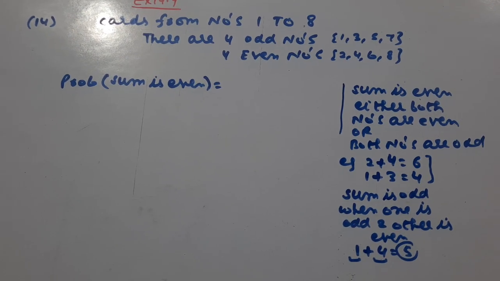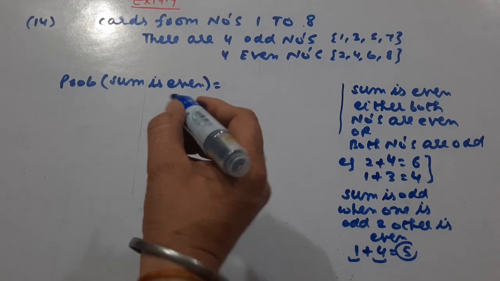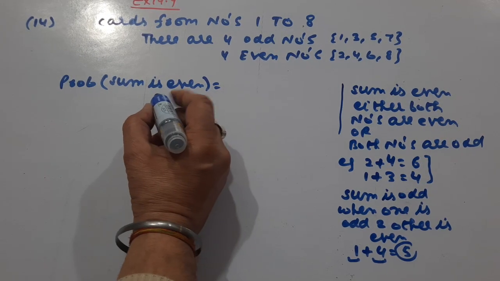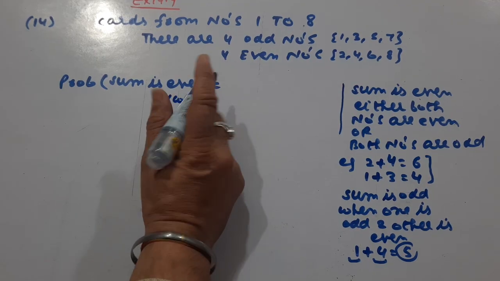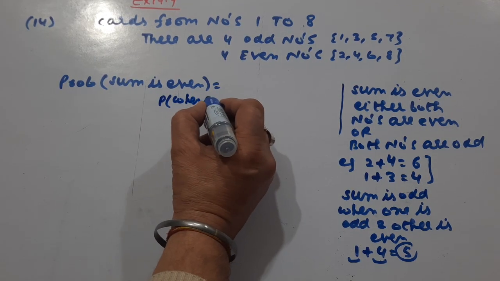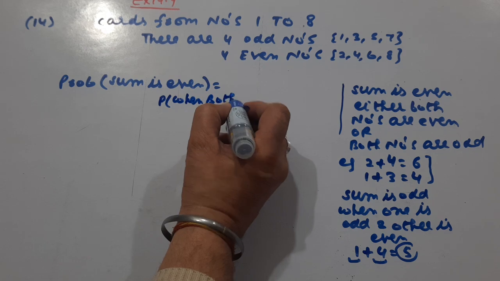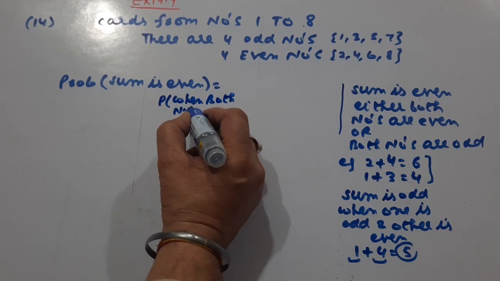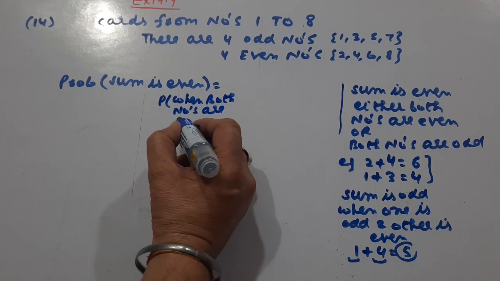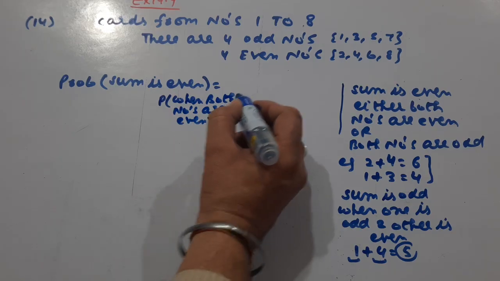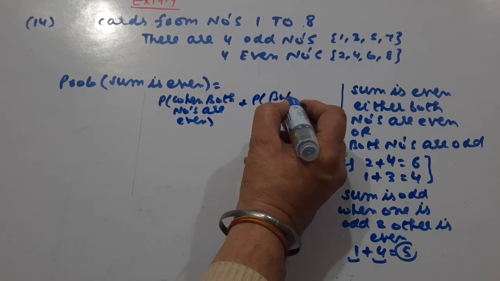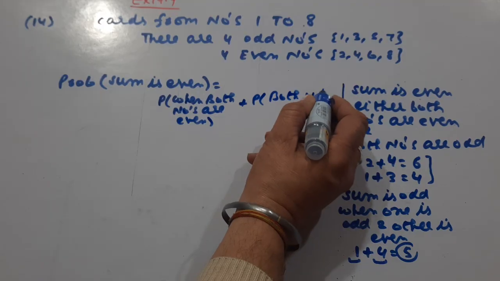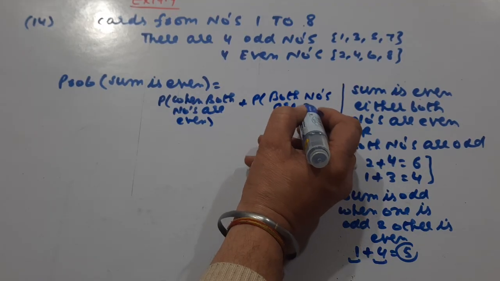Now the sum is even either when both numbers are even or both numbers are odd.